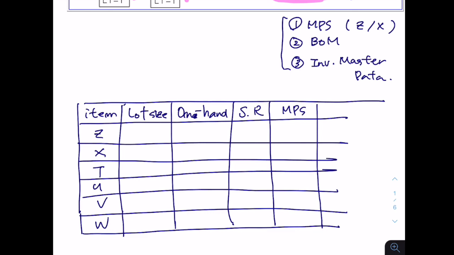So let's read the information here. An order for 300 units of X and 400 units of Z has been received for period 8.